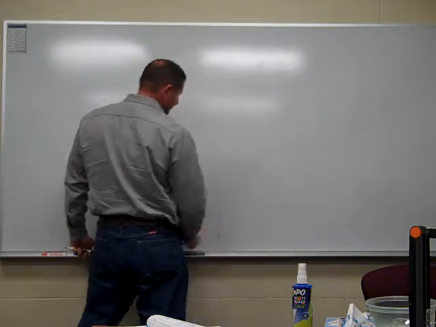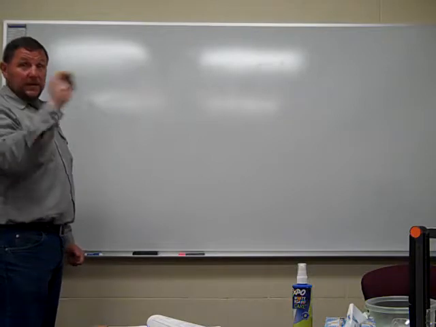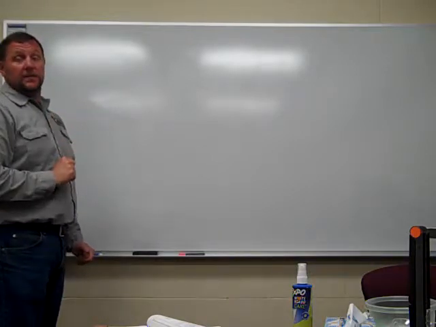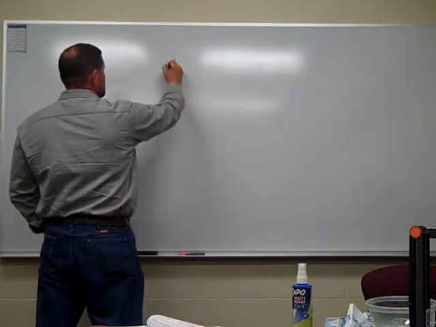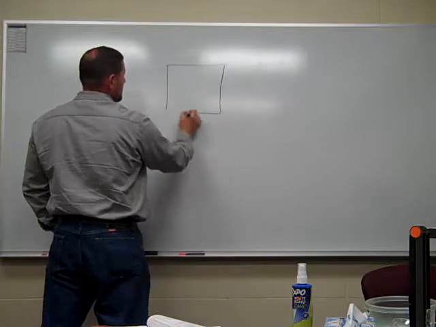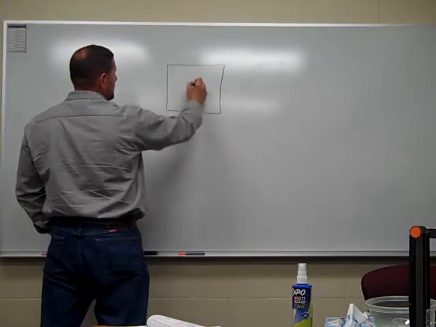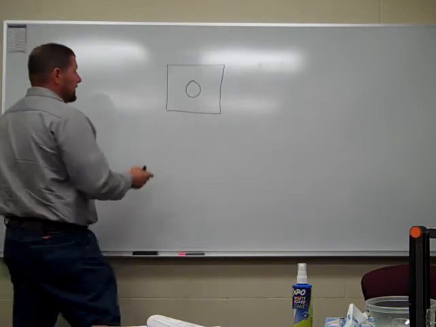Let's take another example. Hidden lines, like I said, a lot of times they confuse students. What it's depicting is that there's something there, but you just can't see it in that view. So we have a simple plate with a hole in it. I took it over to the drill press, I drilled a hole in it.